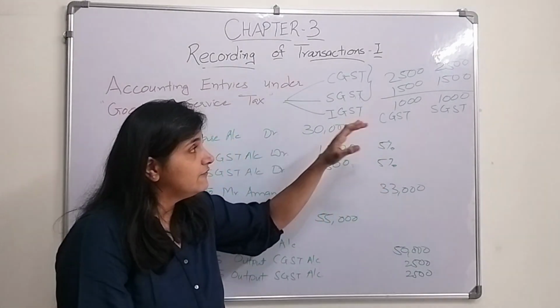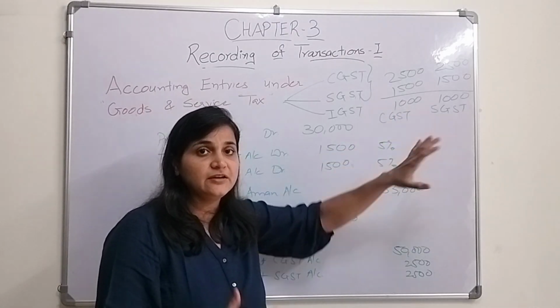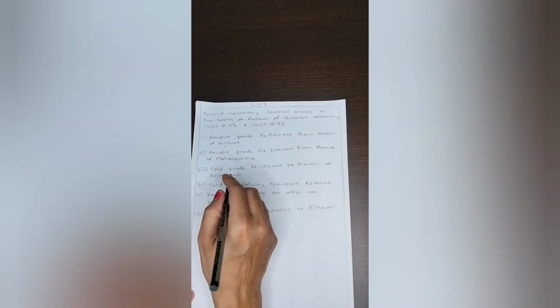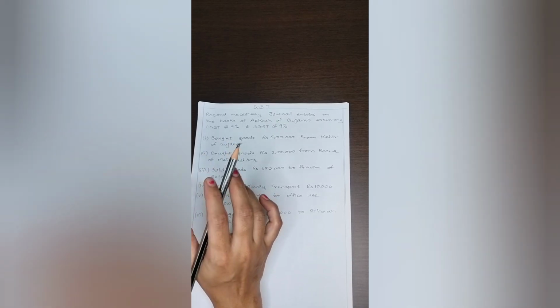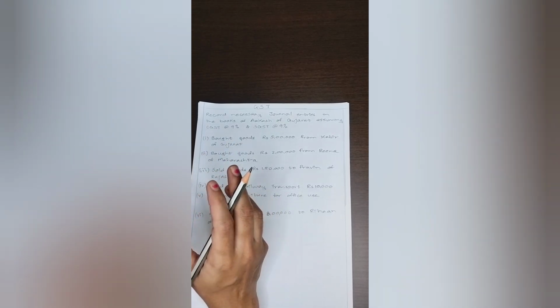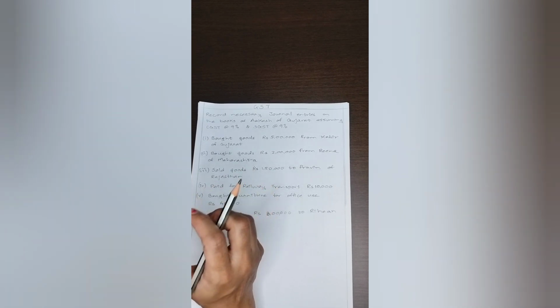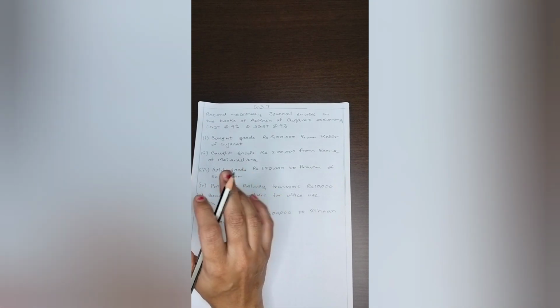Okay. I will tell you an example of how to deal with it with IGST also. As we have already discussed, what is GST? GST is the tax which the business collects and is liable to pay to the government.